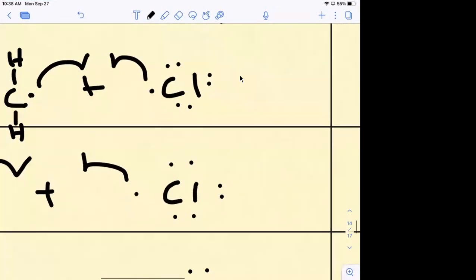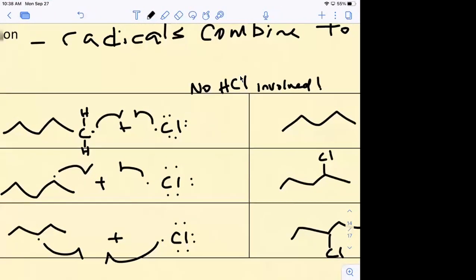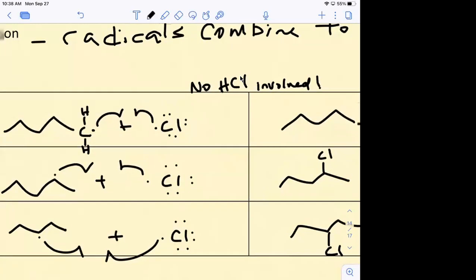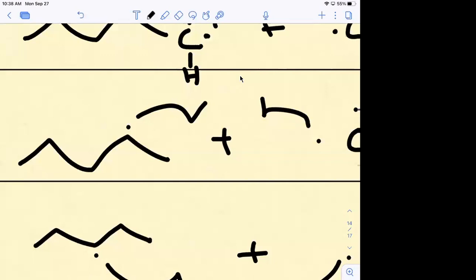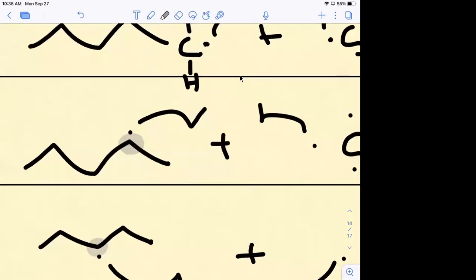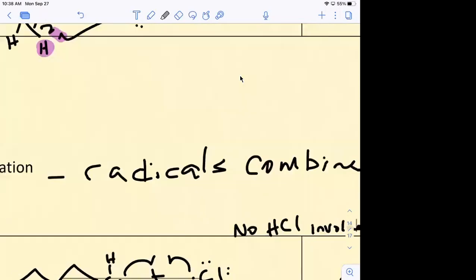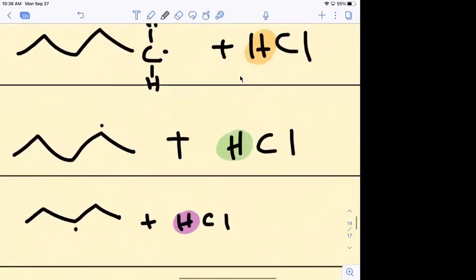Okay, so what happens to that H that was actually there in the propagation step? You mean over here on these two secondary radicals? Like right here? Yes, it's still there. Yeah, I kind of mentioned that up here. Like the H is still here.